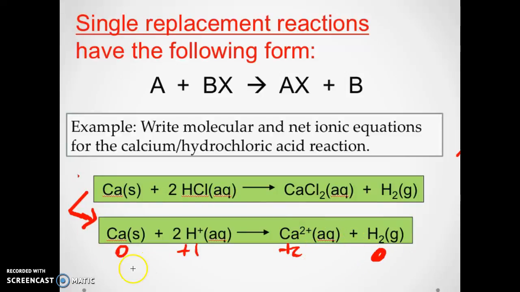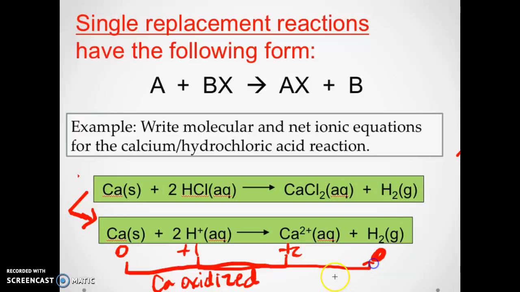So the calcium is being oxidized, while the H plus goes from 1 to 0, so H plus would be reduced. Okay, so that's how you do it.